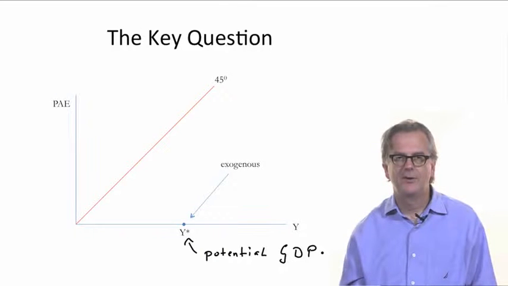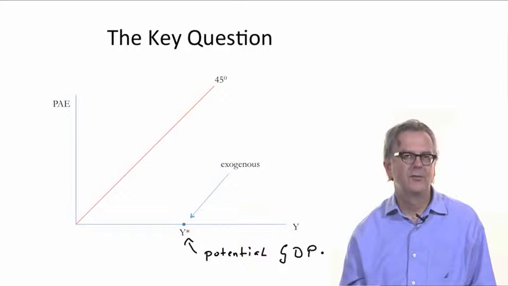Now, in macroeconomics, and this is a word you're going to hear quite frequently, a variable that is part of a model but whose value is determined from outside of the model is known as an exogenous variable.